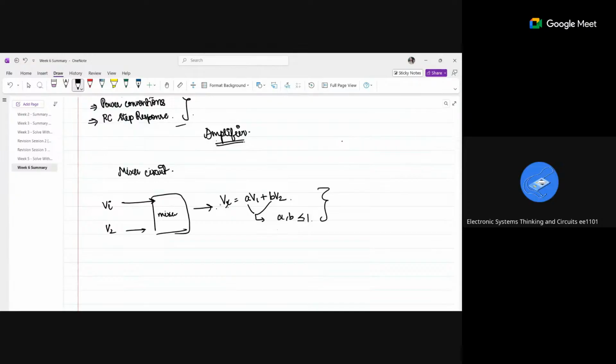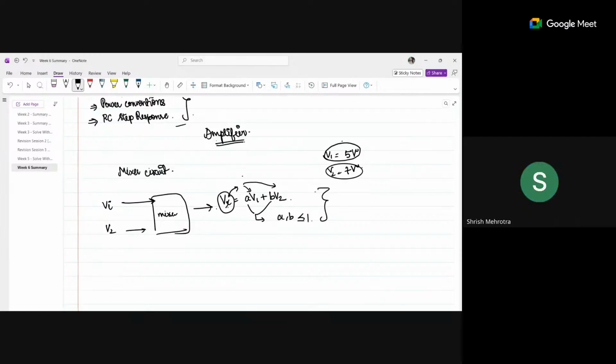So this Vx will contain only a part of V1 and V2. If V1 is 5 volts and V2 is 7 volts, whatever the value of A and B, since it is between 0 and 1, Vx will always contain a part of V1 which is less than 5 volts and V2 which is less than 7 volts, right?